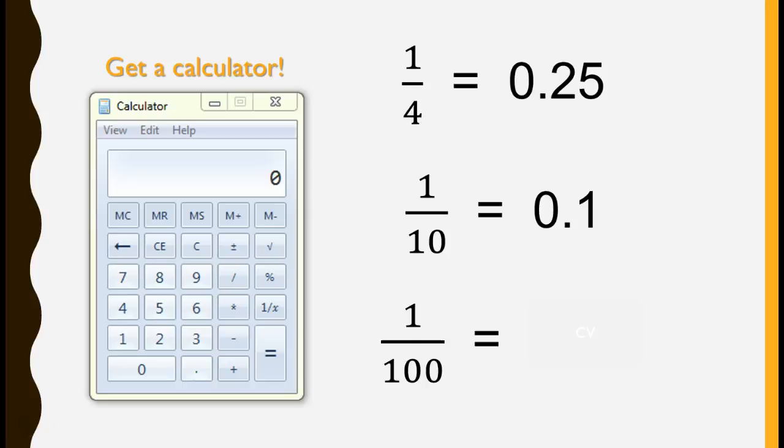Let's look at our next example. 1/100, or 1/100th. That's the same as saying 1 divided by 100. 1 divided by 100 equals, what does your window say? Mine says 0.01.